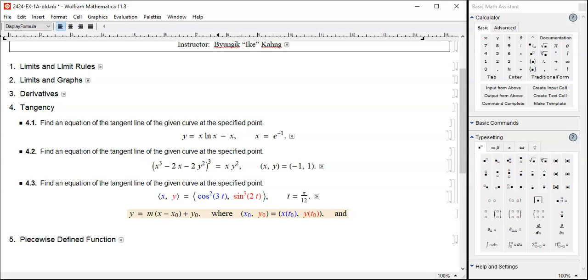And I'm going to run out of space, so let me go ahead here. m is equal to y prime of t0 over x prime of t0.